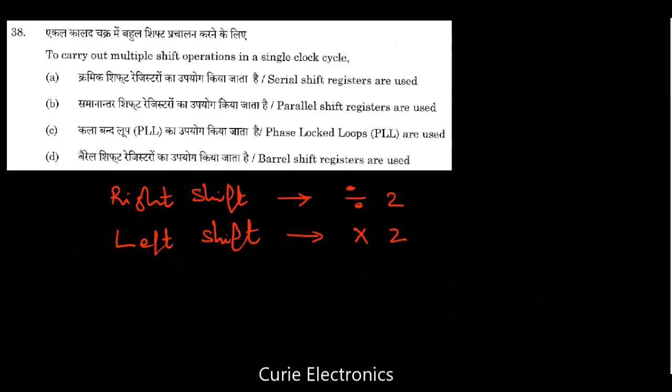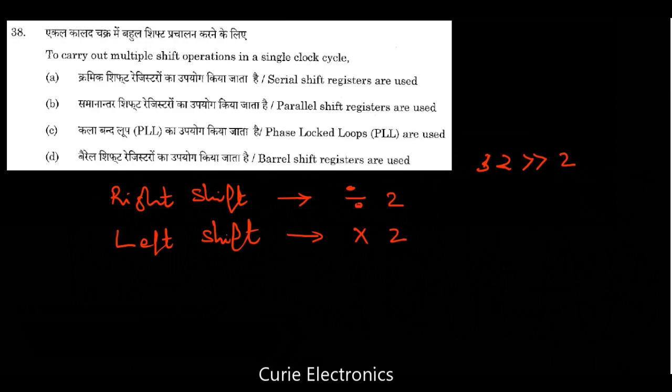So if you want to multiply or divide, we have to do a number of time shifting. See, right shift 32, right shift by 2. If you want to do this operation, we have to use 2 clock pulses. First, when you right shift, you will get 16. Again, once more, you have to right shift, you will get 8.